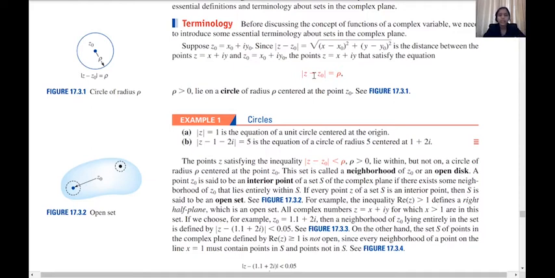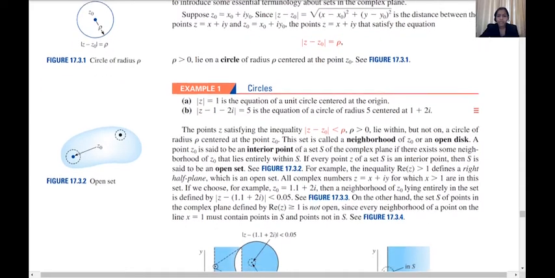If we compare it with this equation, we get that rho is 5, so the radius of that circle is 5, and z dot is 1 plus 2i, so the center is 1 plus 2i. So in the complex plane, we will consider the point 1 plus 2i, that is 1 comma 2. That will be the center, and with radius 5 we should be able to draw a circle. That is the figure of mod z minus 1 minus 2i is equal to 5.